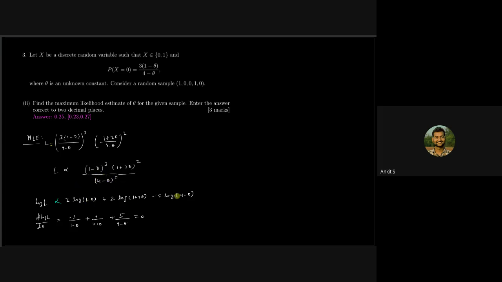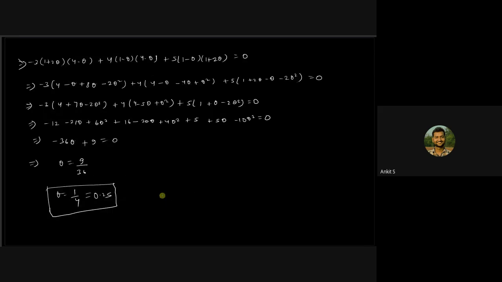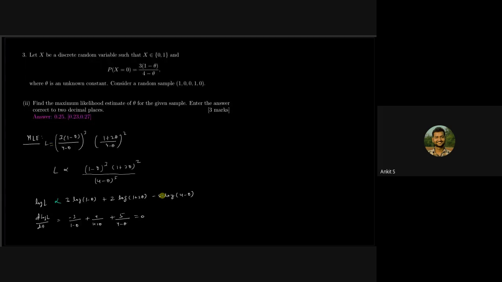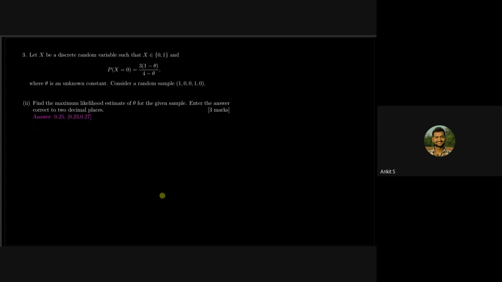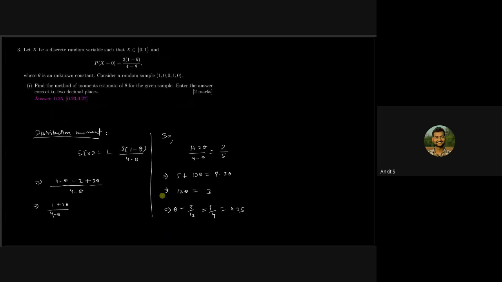So you take the log to differentiate it, set it to 0, and then you will get the answer. I have just differentiated it here, set it to 0, and we got the value of theta as 0.25. I think there will certainly be 1 or 2 questions from this in the end term, so you have to be comfortable with this.